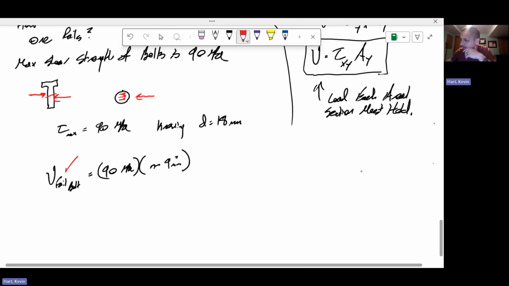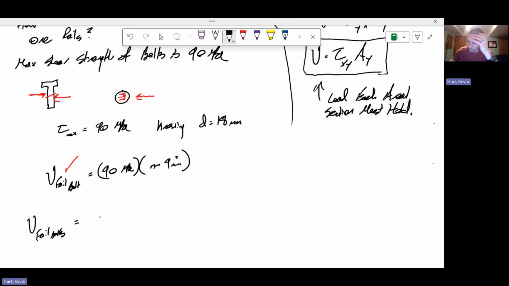So the load to failure of one of these axial sections is 2 times the load of a single bolt, because you have two bolts in each of these axial sections, right?